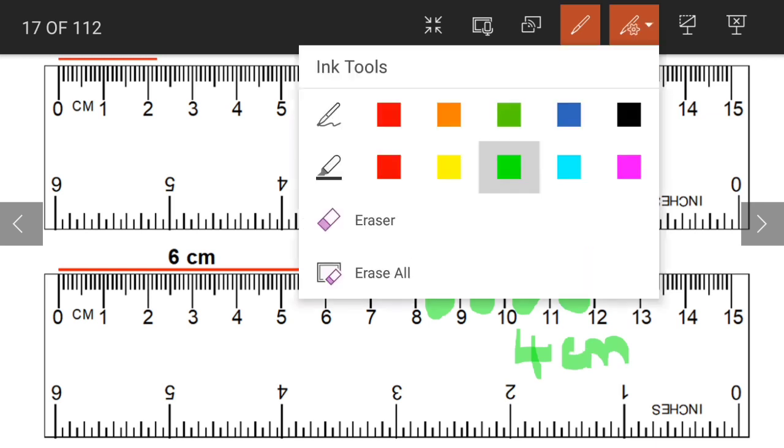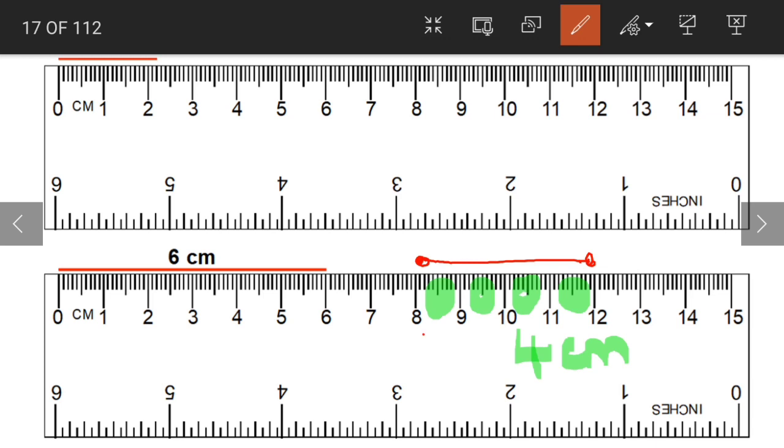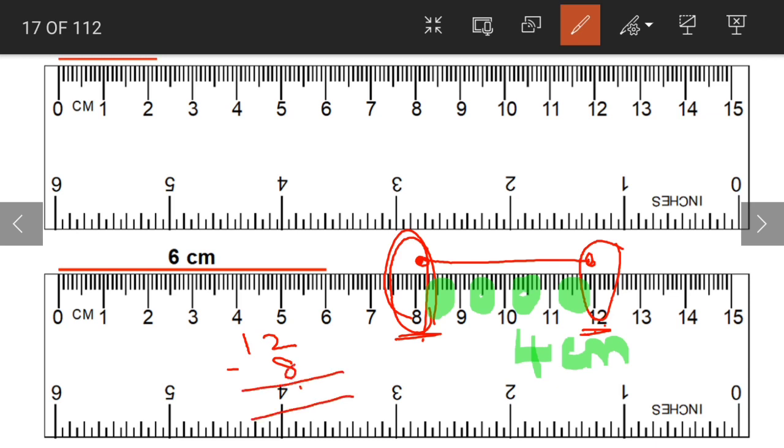Another way to find the length: one end point is at 8 and the other end point is at 12. So subtract these two measures, 12 minus 8. When we subtract, the answer is 4. So the length of this line segment is 4 centimeters.